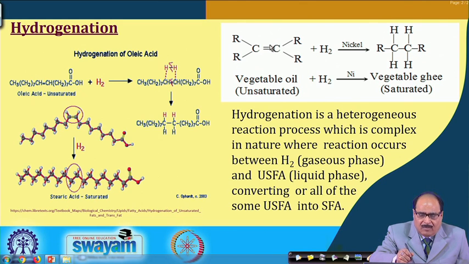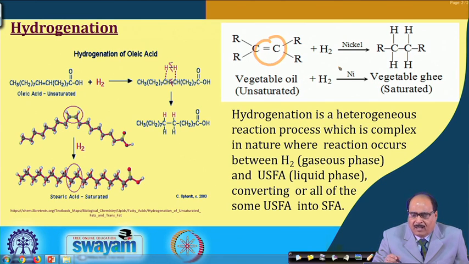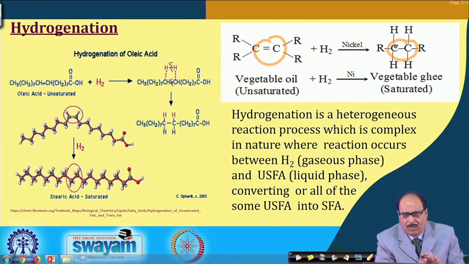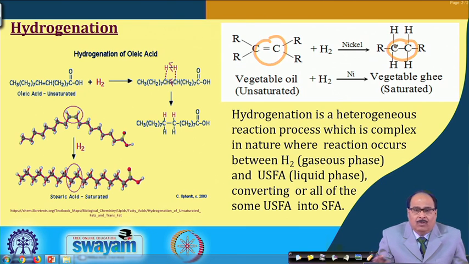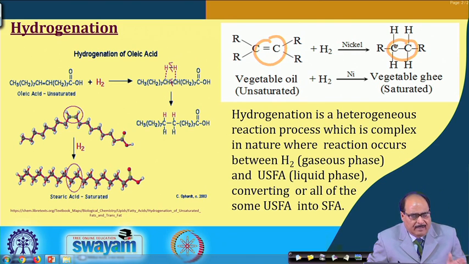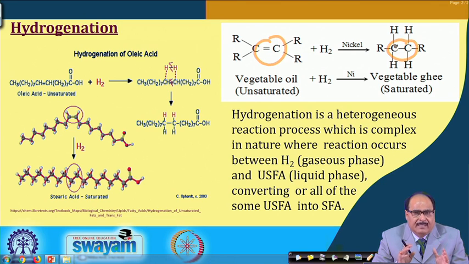You see here this double bond, by addition of hydrogen in the presence of nickel, is converted into a single bond. So, the unsaturated vegetable oil or unsaturated fatty acid is converted into a saturated vegetable fat or ghee, and the same thing is shown here in the case of molecular formula. Linolenic acid has 3 double bonds in its structure.